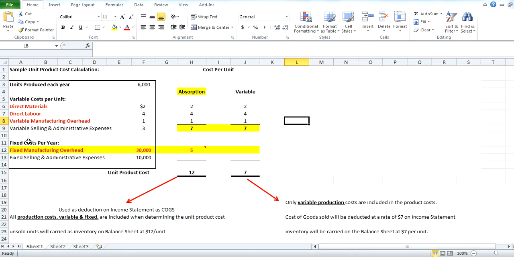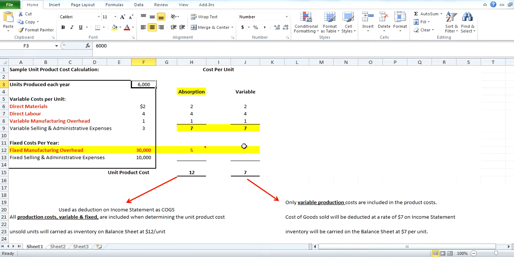So then we get into the fixed cost element, and we're saying, okay, for this company, they had $30,000 in fixed manufacturing overhead. Under absorption costing, I'm going to apply $5 of fixed manufacturing overhead. And it's a very simple calculation. Our total dollars, 30,000, divided by how many units we produce. So 30,000 divided by 6,000, $5 per unit.